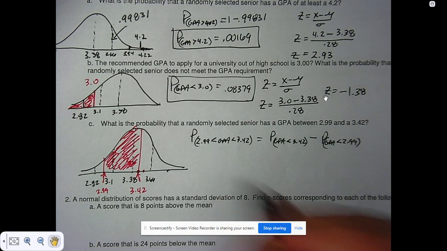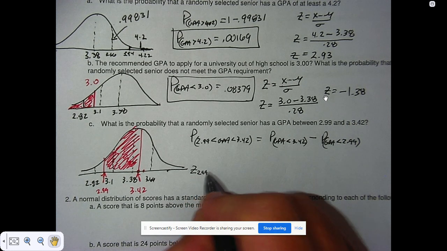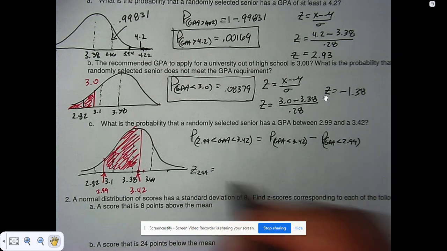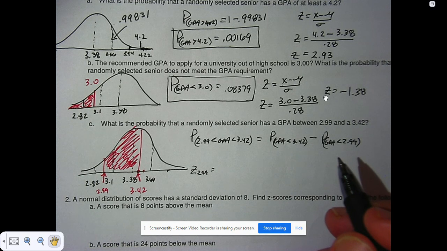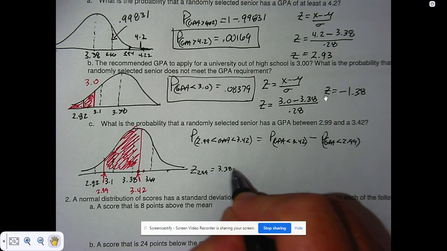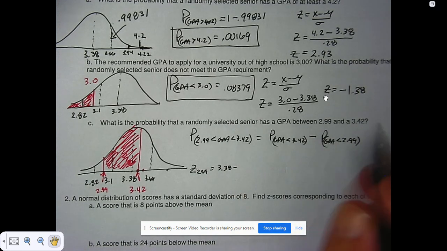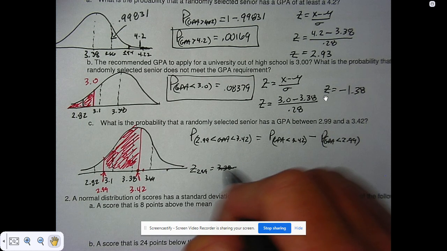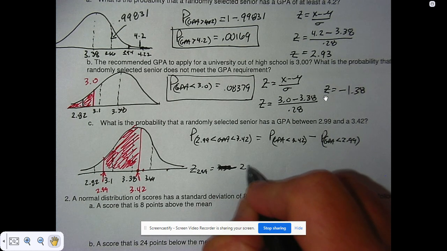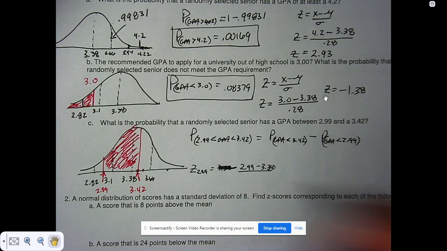So the z-score for the 2.99 is going to equal, excuse me, and that's not right. 2.99, sorry. 2.99 minus 3.38 and divide it by 0.28.